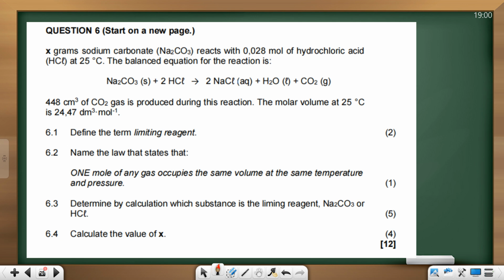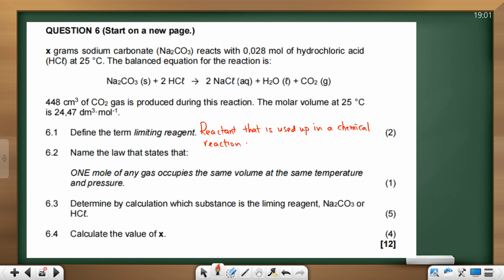Okay, define the limiting reagent. We've been talking about that so many times. Reactants that are used up. Name the law.